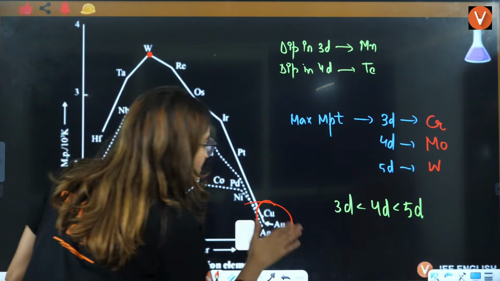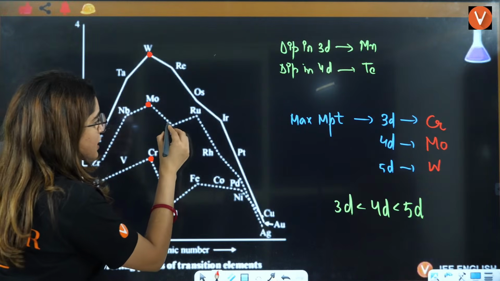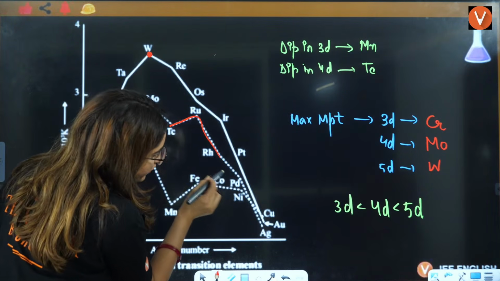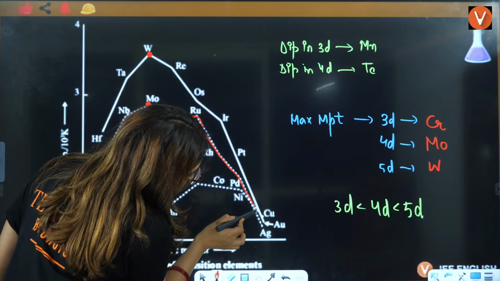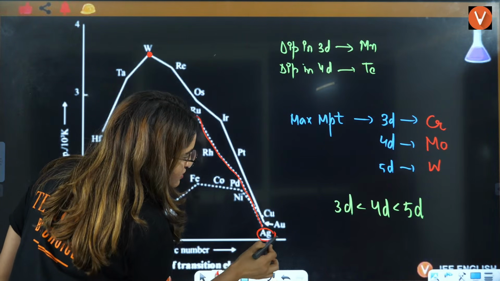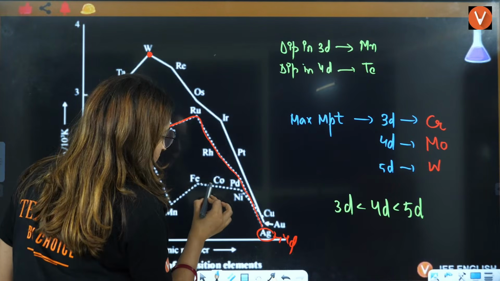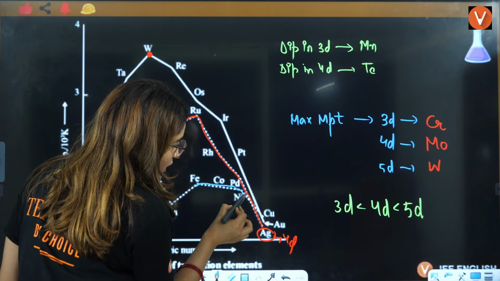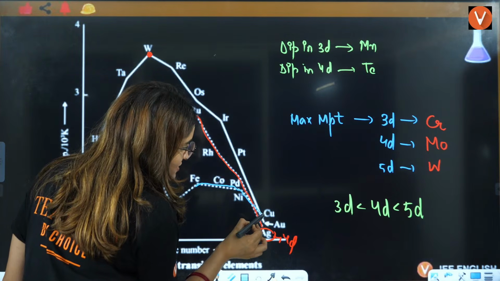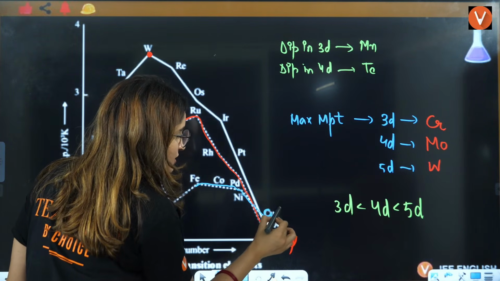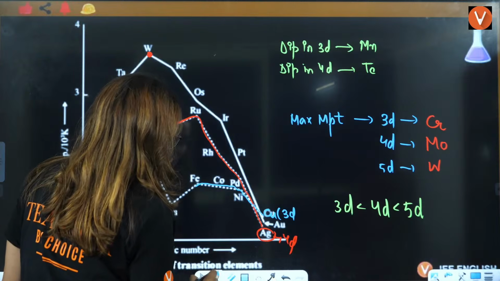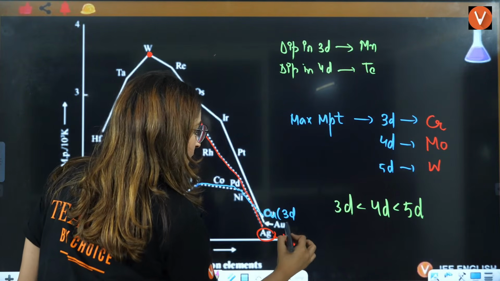So let's see this. If you see this, this is going, and over here, this is where your 4D series is falling, right? If you see this here, this is nickel, copper, and that's where it is falling. So you can say this is 3D, and the 5D series is over here.